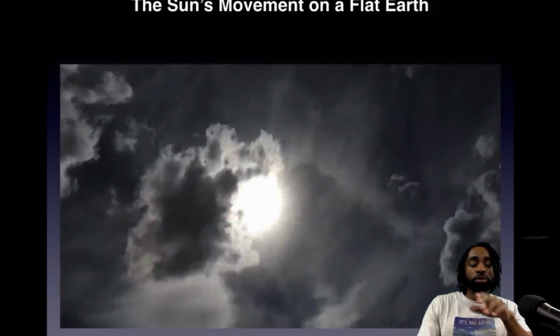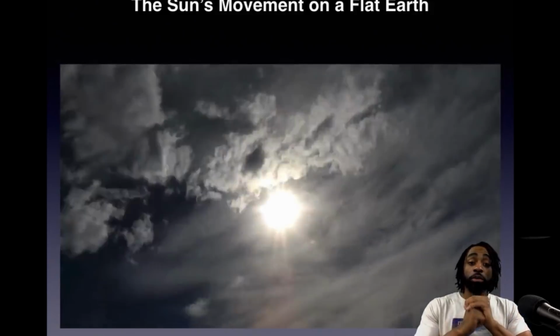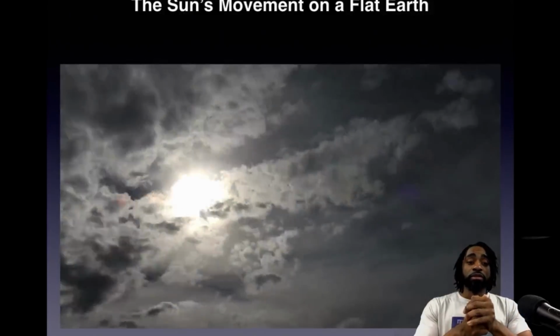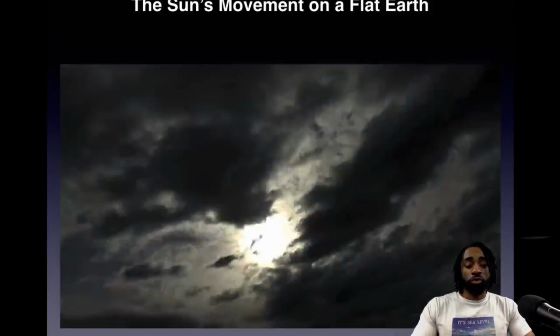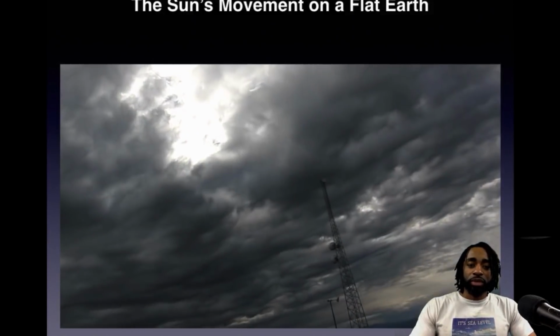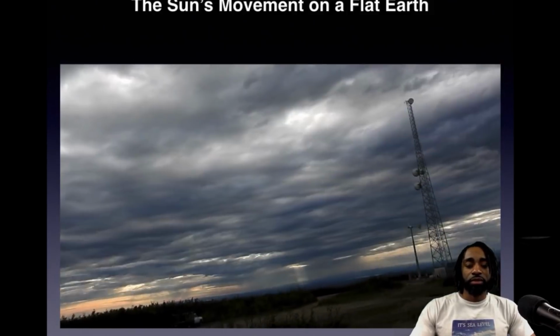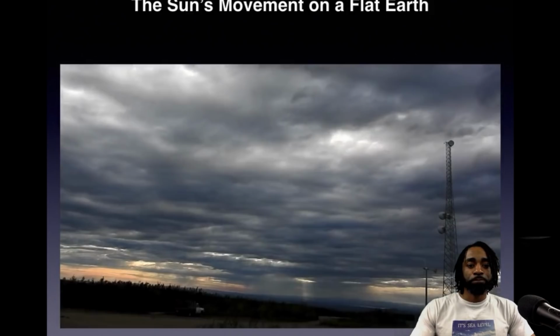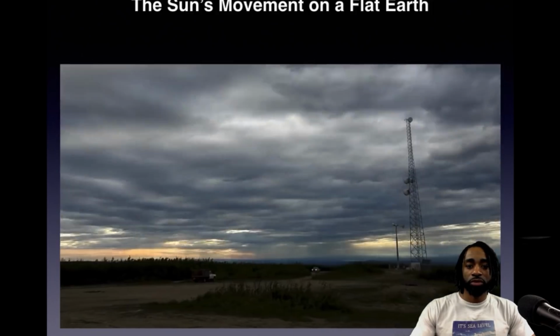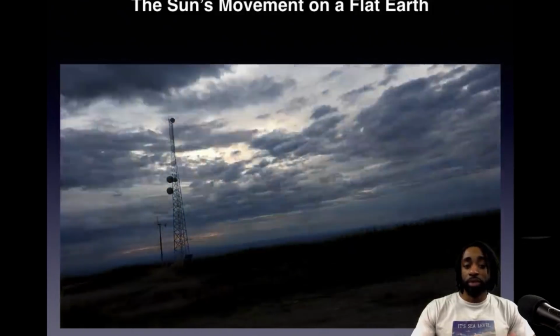And there were times, of course, where I had to turn the camera and point it upward because, as the sun got closer to where I was at, it got higher in the sky, so I had to make adjustments. I didn't want to change, I didn't want to switch scenes. I wanted it to be a continuous video, just so there was no wiggle room for anybody to say that I manipulated anything.